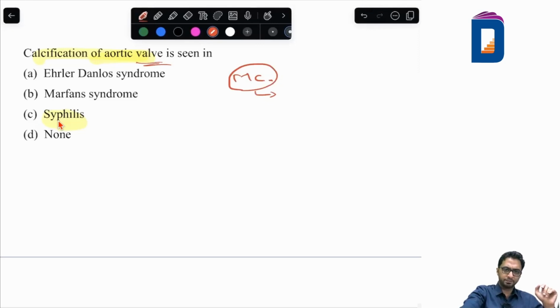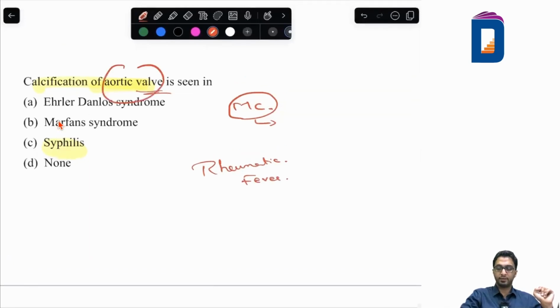So calcification of the aortic valve is seen in syphilis. One more condition, which is again an infection, is rheumatic fever, where we saw what type of murmur? Pansystolic, exactly, very good. So the two conditions where you see calcification of the aortic valve are syphilis and rheumatic fever, which is a streptococcal infection.